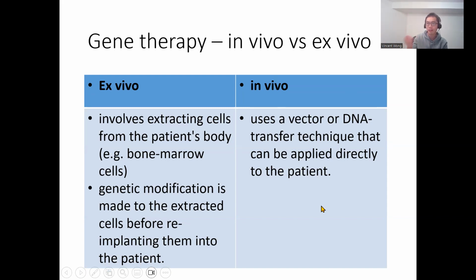The vector is usually a virus, like a virus shell. But once it goes into the body, we don't really know where it is going to go, right? Okay, we're not 100% sure if it's going to go to the target that was intended. And so there's a lot of risk associated with it. A lot of challenges that need to be overcome.